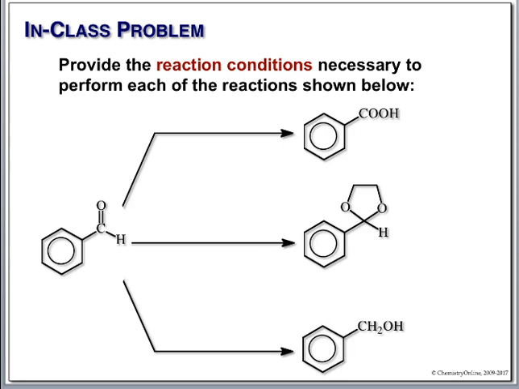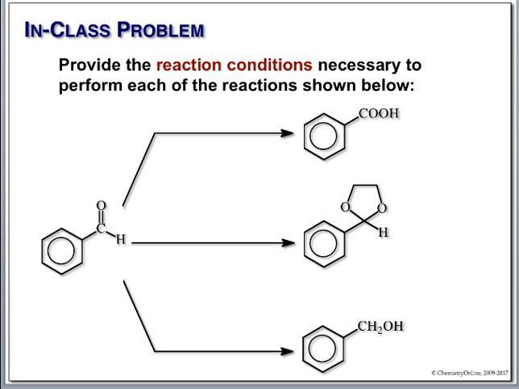Last one here. Again, benzaldehyde to benzoic acid. If you have a real bottle of benzaldehyde sitting around the lab, it's always crusted with this white flaky stuff. That's benzoic acid.